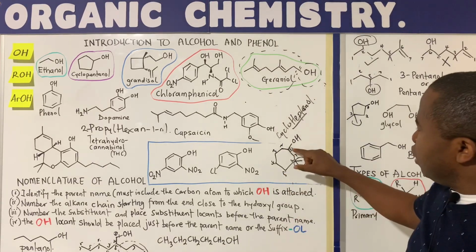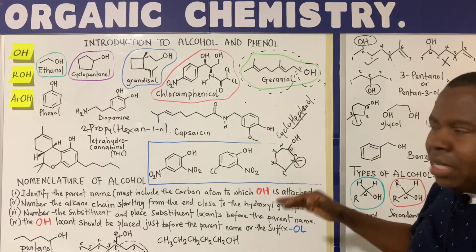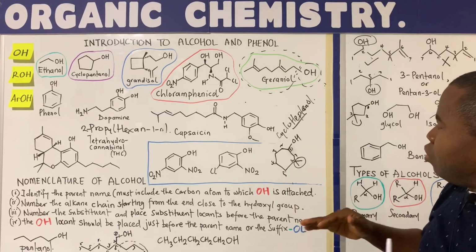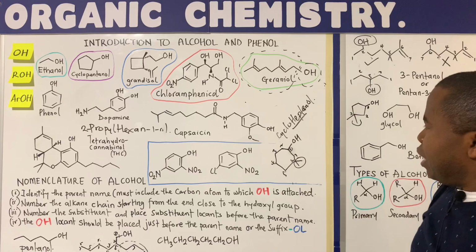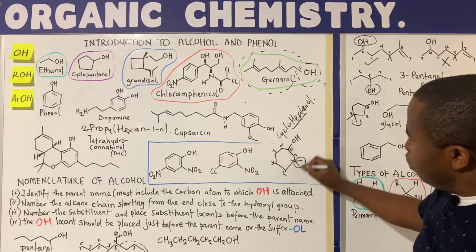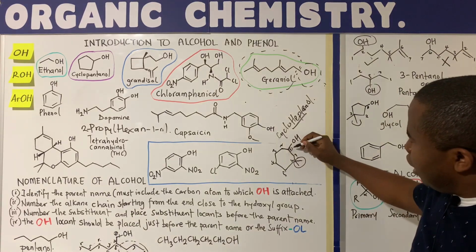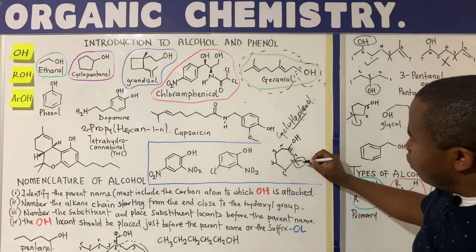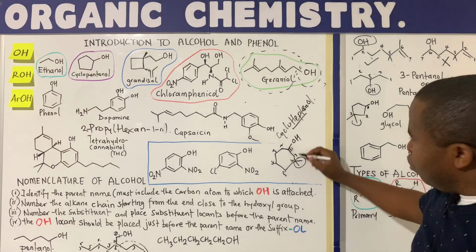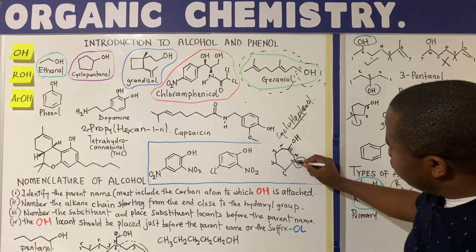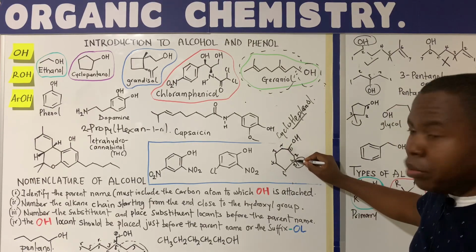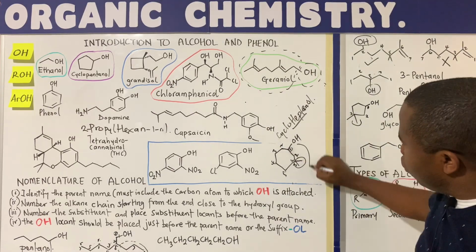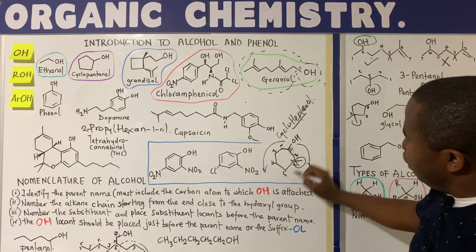We have to give the substituent the least location number possible, and that means that we have to follow this direction, and that will put this substituent on the 3rd carbon atom. That means we have 1, 2, 3. So this will be the 3rd carbon going this way, but going the other way, this will be the 6th carbon.